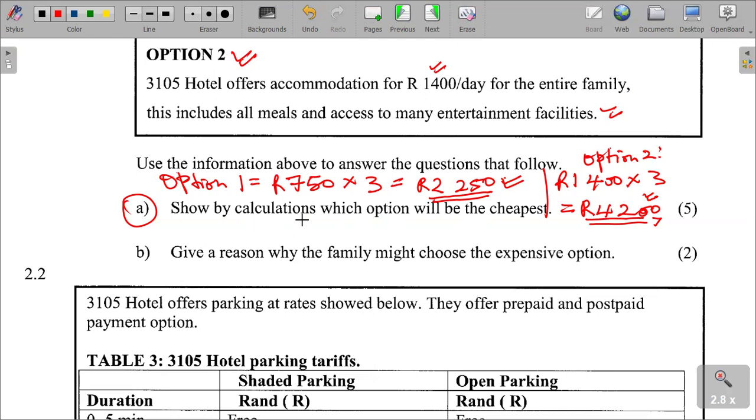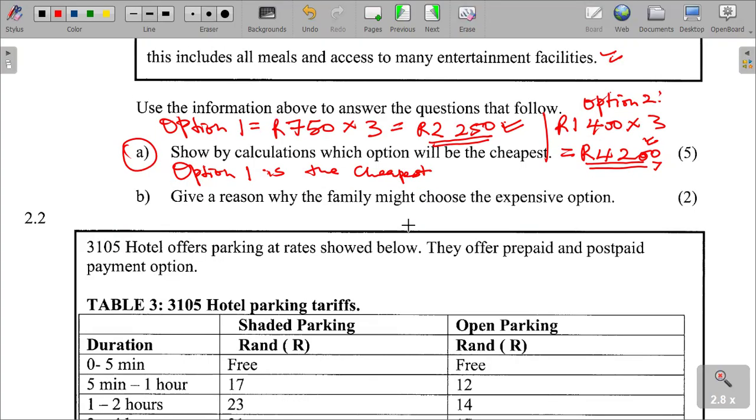Therefore, option one is the cheapest, class, according to the figures that we have found.